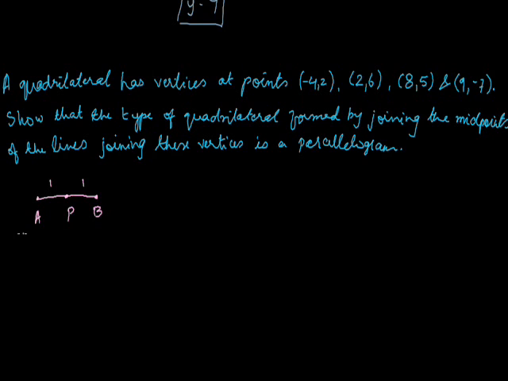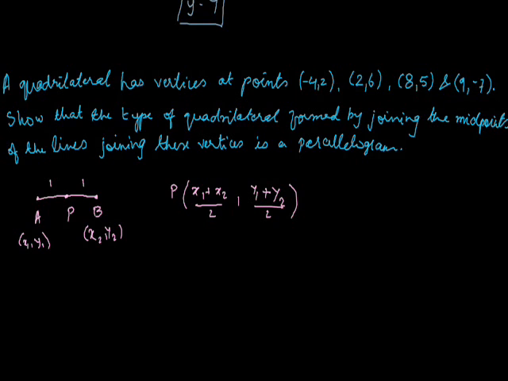So if the coordinates of A are x1 and y1, and coordinates of B are x2, y2, then coordinates of P become x1 plus x2 upon 2 and y1 plus y2 upon 2. We had already seen this in the application of the section formula in coordinate geometry in our earlier standards. The same thing we are going to apply over here.